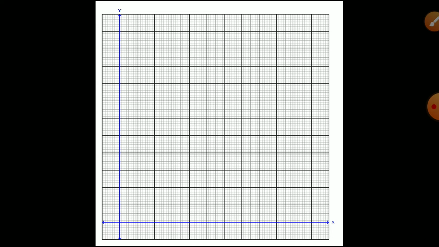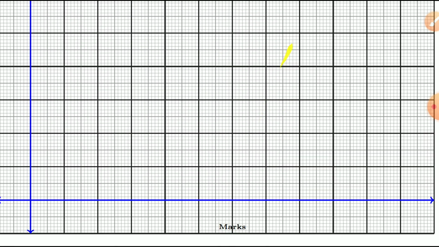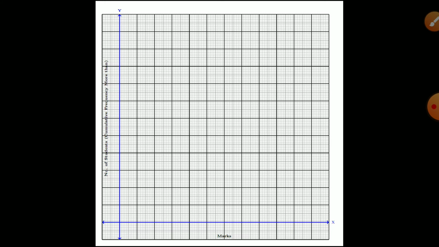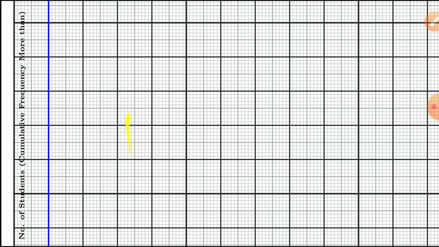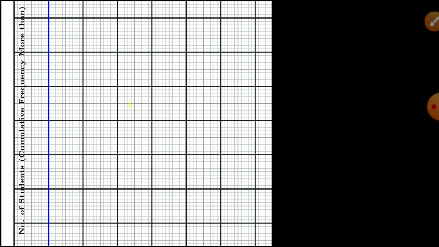Now we take marks on the x-axis, and then number of students, means cumulative frequencies of more than type, on the y-axis.